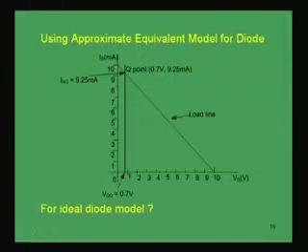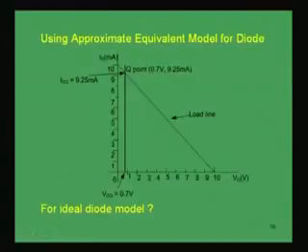Then let us see where the point of intersection lies. Here we can see that the Q point is defined by 0.7 volt and the current is also found to be 9.25 milliampere. So, this is the operating point we have got using the approximate equivalent model. It is not very much different from using the exact characteristic, because earlier we got 0.8 volt, but here we are getting 0.7 volt, and the current is the same.